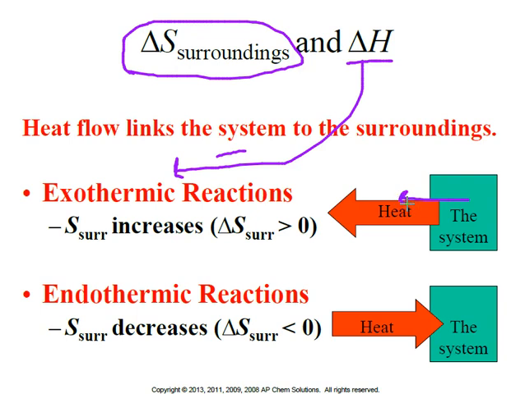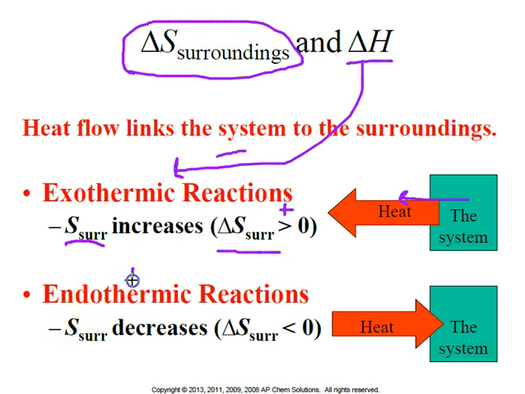And remember, when the temperature goes up, that makes the delta S value go up as well, because the particles are moving faster. So an exothermic reaction is going to increase the entropy of the surroundings, because it's giving the surroundings heat, which causes the molecules to move faster. So if delta H is negative, the delta S of the surroundings will be positive.